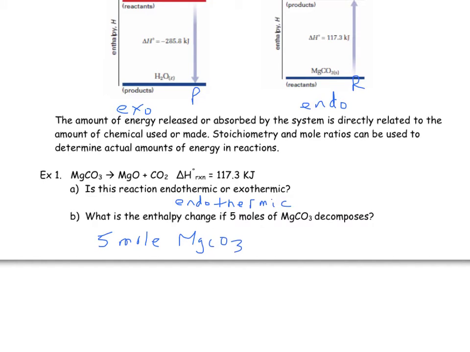I like to think of this as solving the equation by using a conversion factor. I have a balanced chemical equation that tells me the ratio of chemical to energy. If I have 5 moles of magnesium carbonate, I times it by what I want, the energy. I have a delta H value of positive 117.3 kilojoules, and divide that by the coefficient in front of the chemical I'm interested in in the balanced chemical equation.